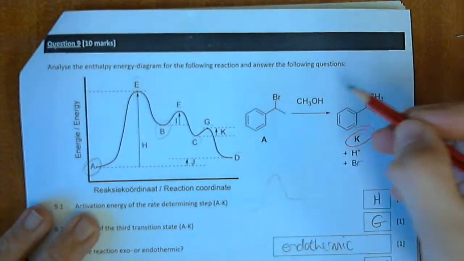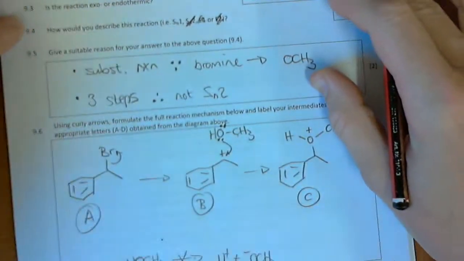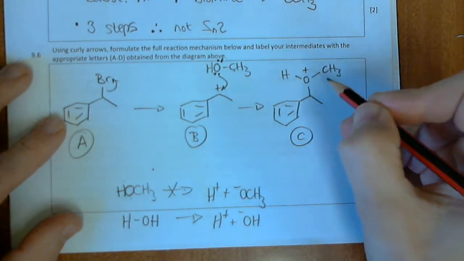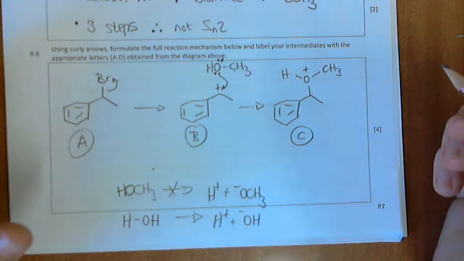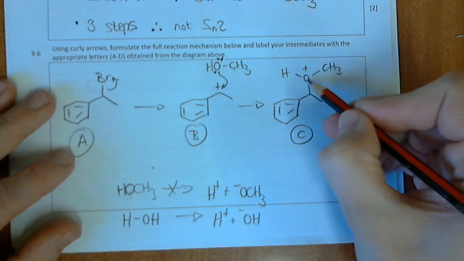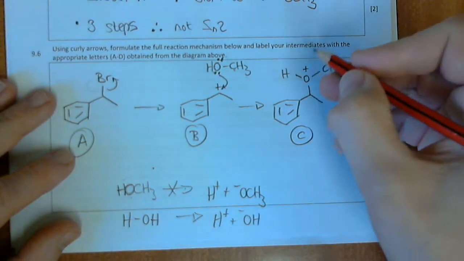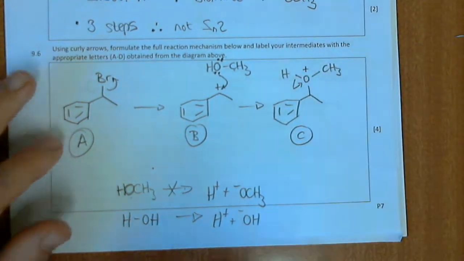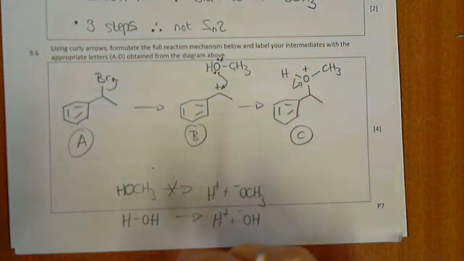It's not the product yet, because the product doesn't have an H on the oxygen. All right, so here we've got the positively charged oxonium intermediate, just as this was the carbocation, and the oxonium intermediate is just the protonated form of the product. All we need to do is this has to just leave, and there are many ways of doing it. I'm quite happy if you just show it moving like that and the H leaves.